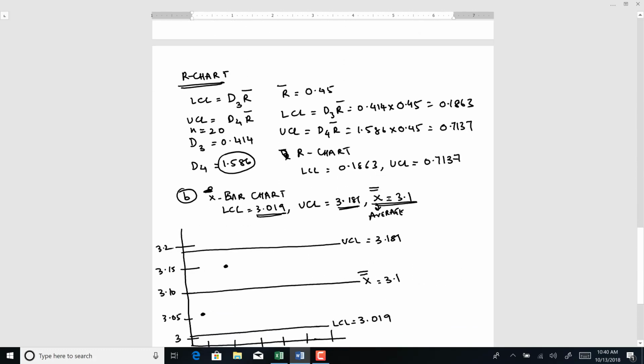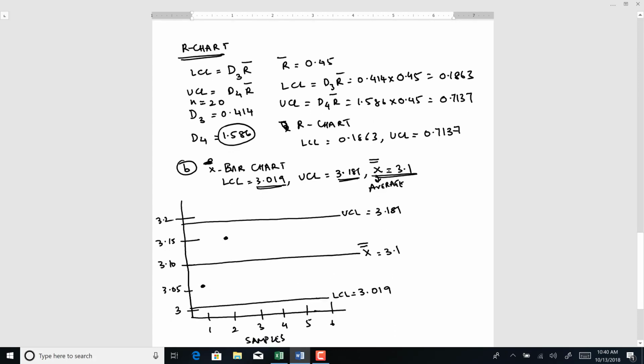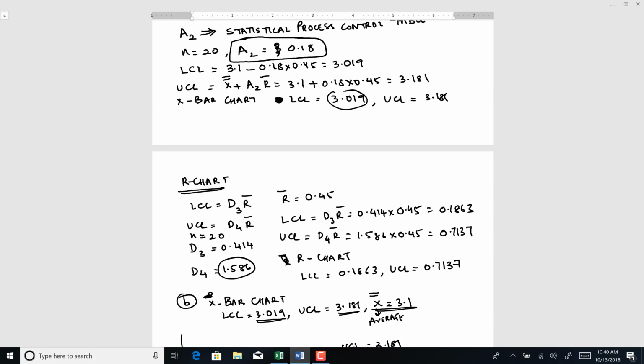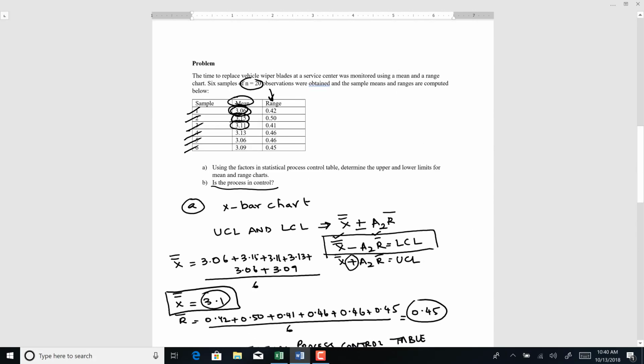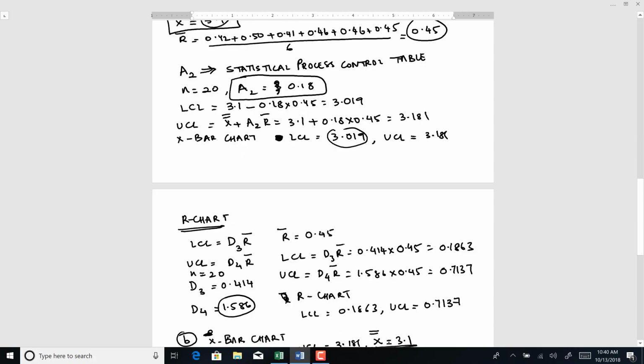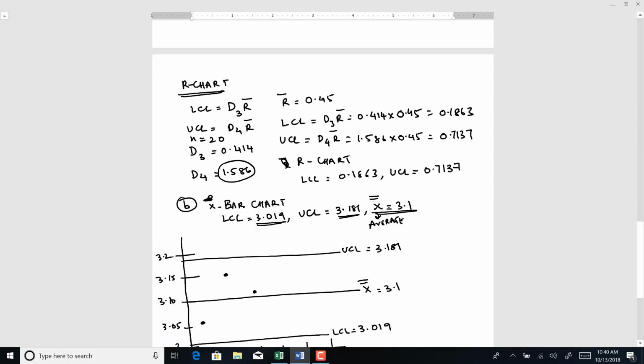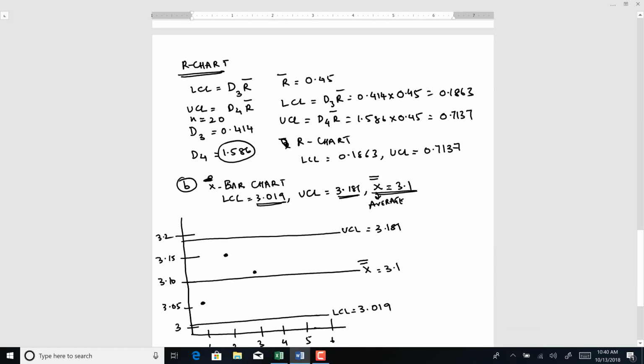The third one, 3.11, would be somewhere here. How about the fourth sample? 3.13 would lie somewhere here.